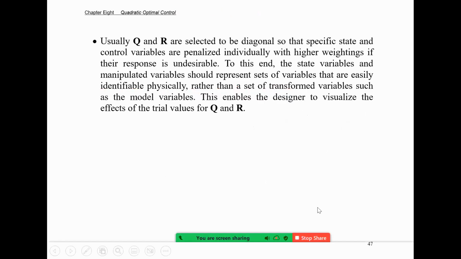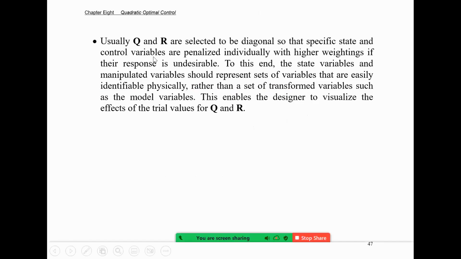There are some general guidelines to simplify the design. Usually we choose our Q and R to be diagonal, although in theory we say Q and R are symmetric, positive definite, so those cross terms may be non-zero.